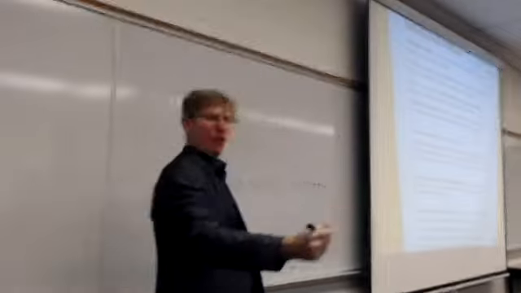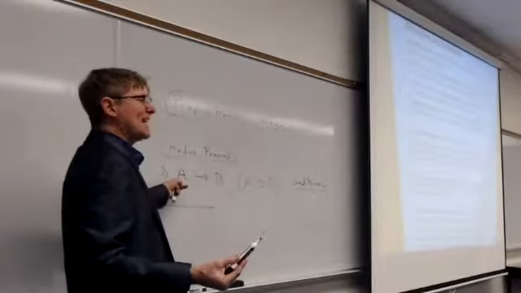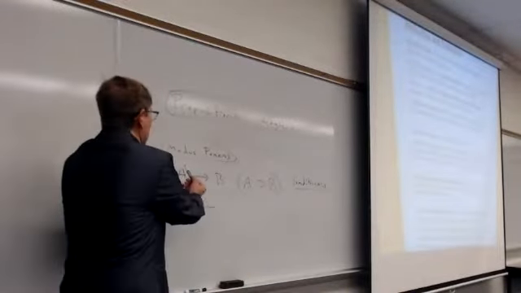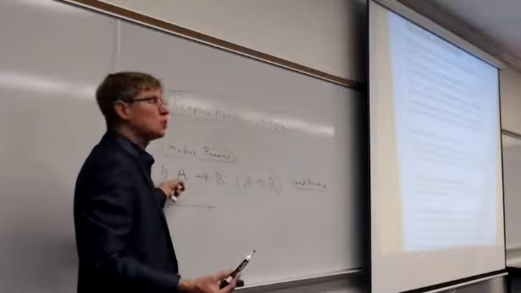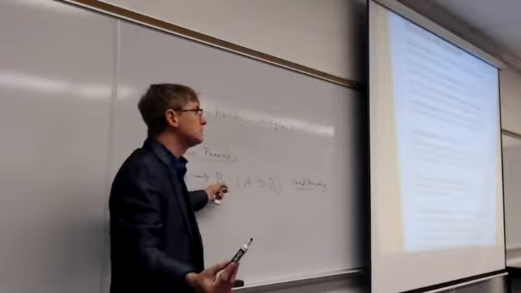I've said this before, but I'll say it again. They are called conditionals because what we are saying is, if it's the case that this side of the conditional is true, then this one will also be the case.